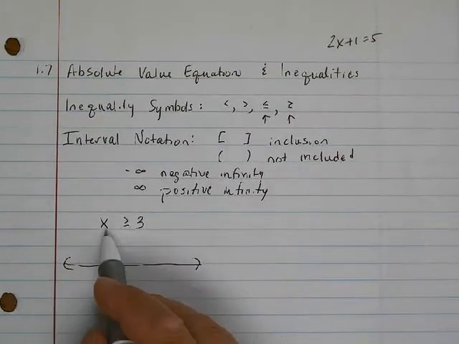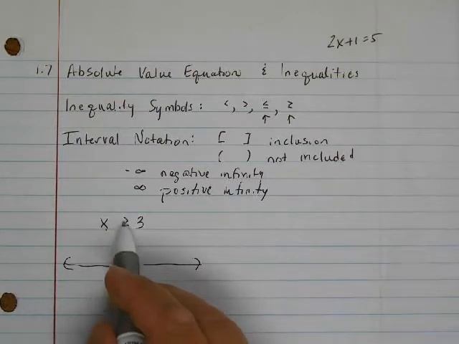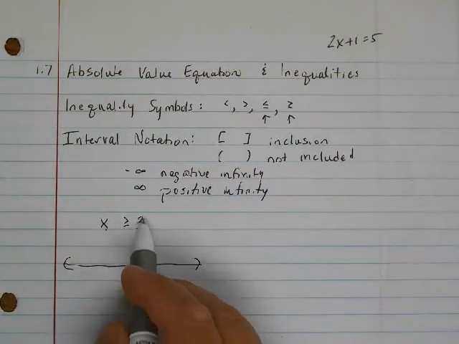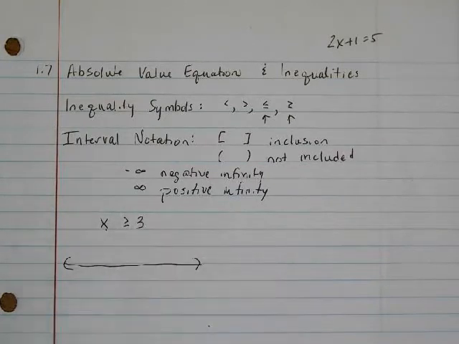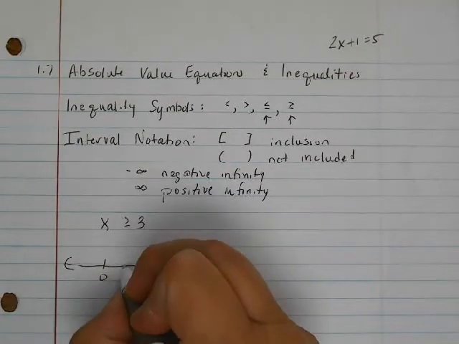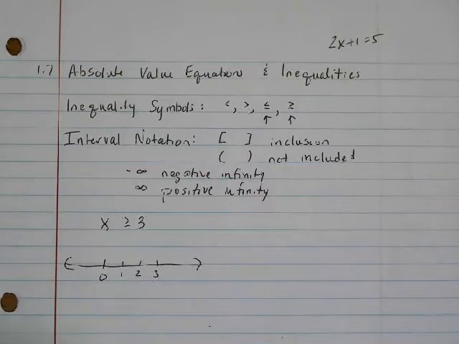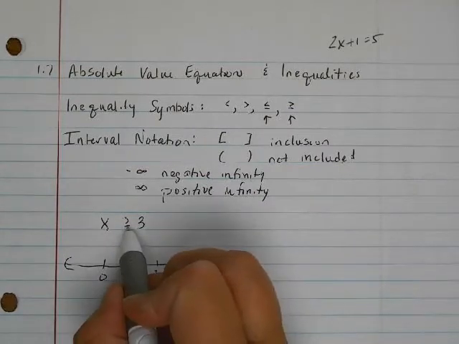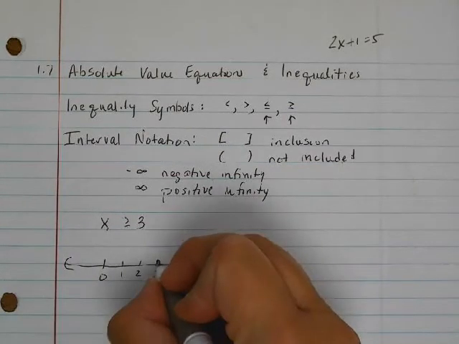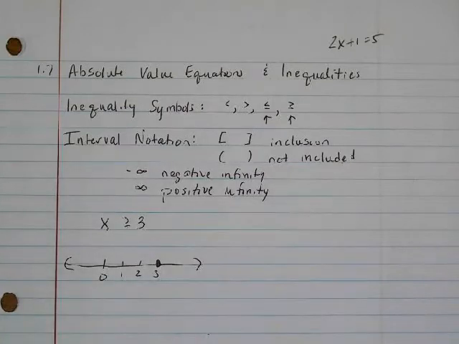So this is saying all the solutions that work for x are numbers that are greater than or equal to the number 3. So when I graph this, I'm just going to use the point 3. Since 3 works as a solution, I'm going to put a closed dot, so it's inclusive.